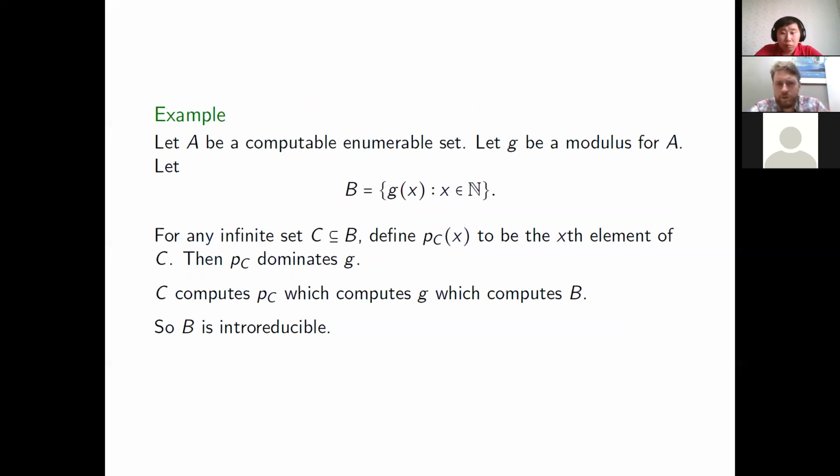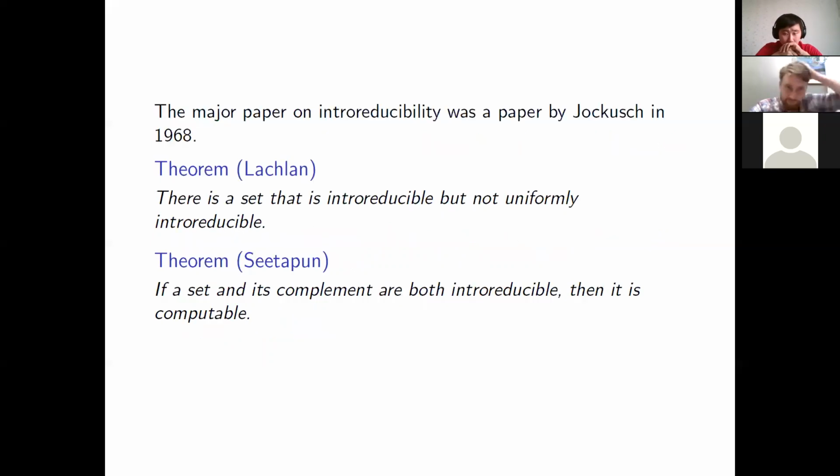So those are the two examples: c.e. sets and their moduli, or in general self-moduli, and this sort of initial segment construction with a lot of redundancy.